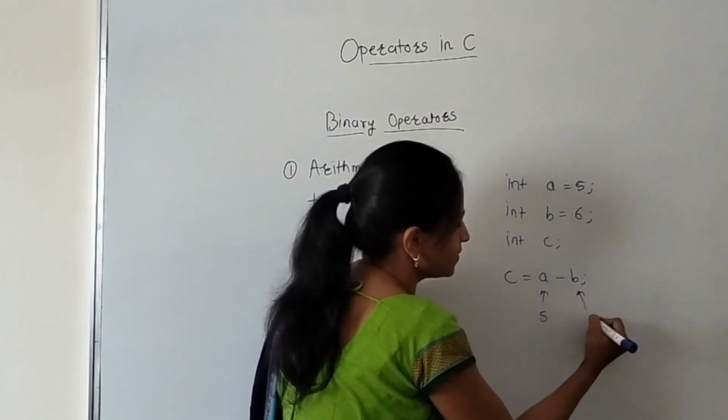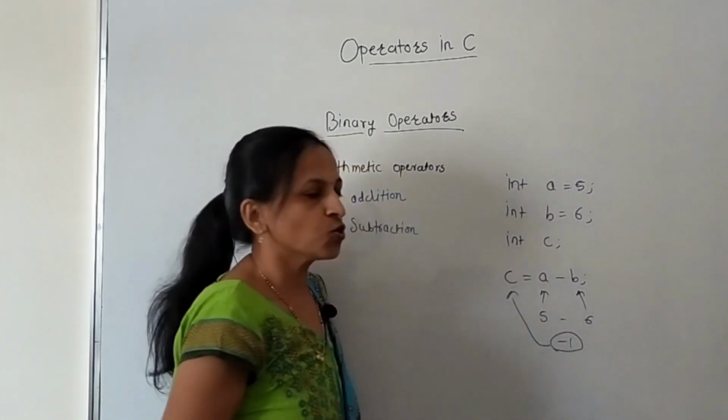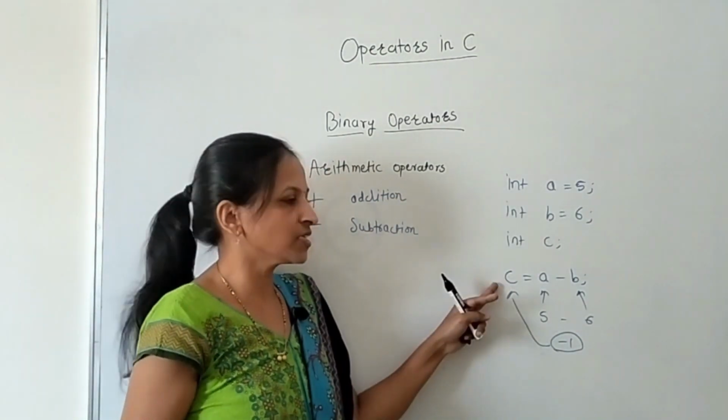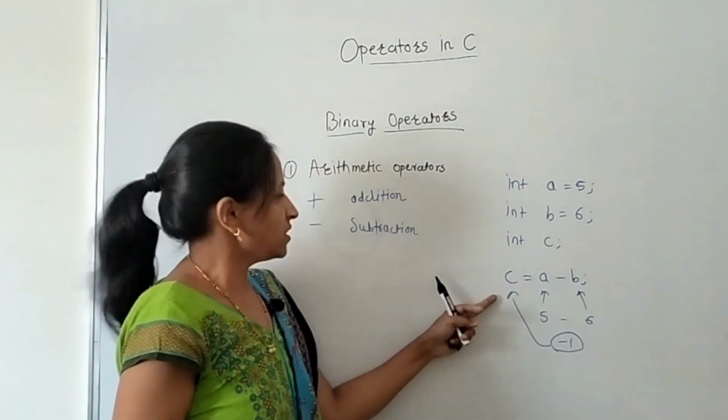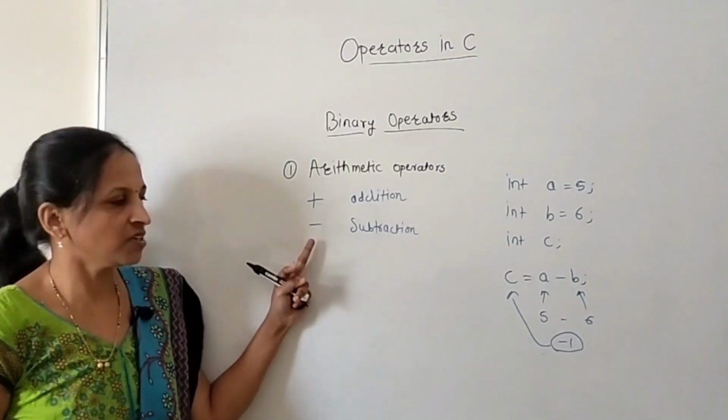What is the value of B? 6. 5 minus 6 is minus 1, and that will get stored inside C after execution of this statement. This is nothing but subtraction, the binary minus operator.